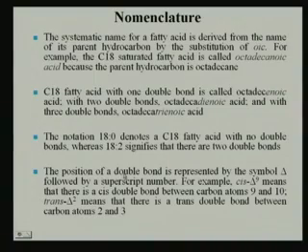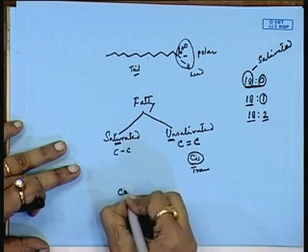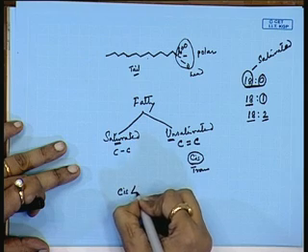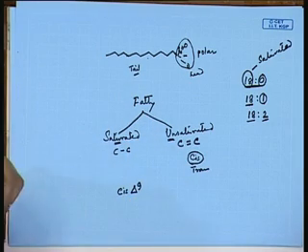The position of double bond is represented by the symbol delta followed by a superscript number. That means if suppose the bond is cis type of bond and if it is written delta to the power 9, what does it mean?